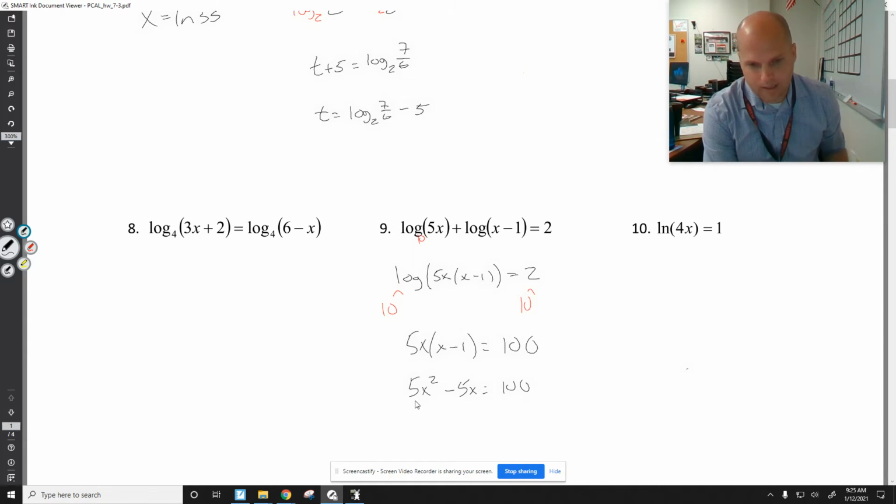This is a good problem. We have x squareds and x's, and this leads us to what we're going to be doing for those 3 problems that I was telling you about. Whenever you have an x squared and an x, you need to try to factor to solve. Move everything onto one side, so you probably want to move this 100 over by subtracting. Then I'll show you what else you can do.